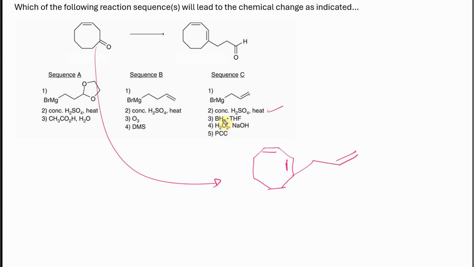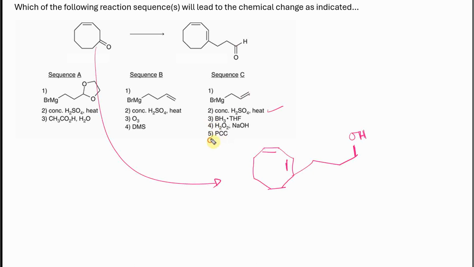Now you are doing hydroboration oxidation, which means you'll get the anti-Markovnikov alcohol. In terms of how this reaction sequence is to be achieved, you will get your anti-Markovnikov alcohol on that carbon, and that is steps 3 and 4.